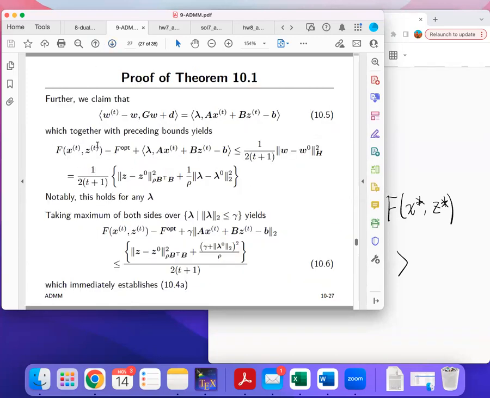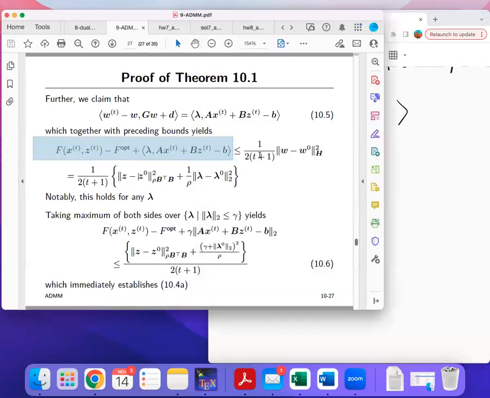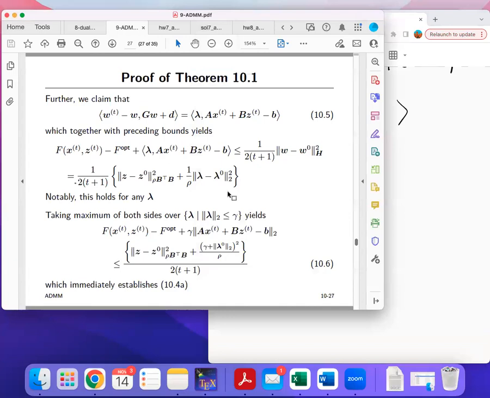Therefore, we can take the maximum on both sides over this range of lambda. Basically, the left-hand side you can view as a function of lambda, and the right-hand side you can view as another function of lambda.